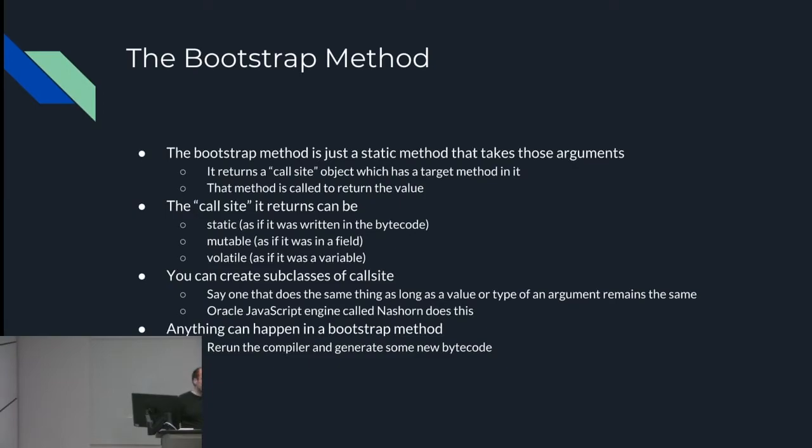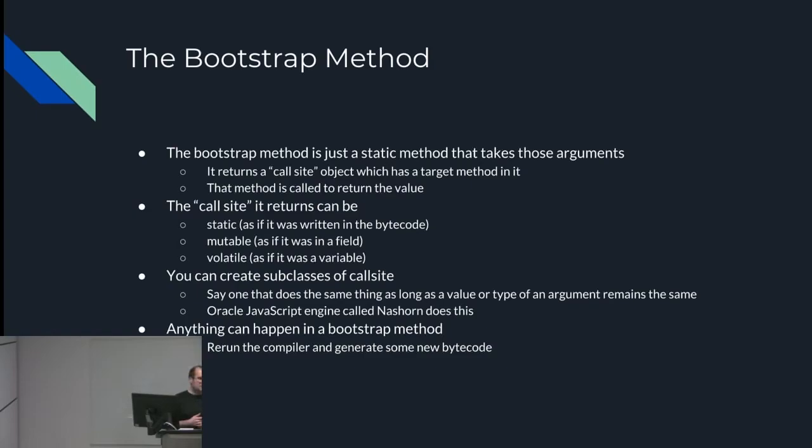A static call site is basically, here's the method, I have made up my mind, this is it, we're done here, have a nice day, don't ever talk to me again. There's a mutable one where it's like, here's this method, but I might change my mind later. And then there's a volatile one, which is even more so, I'm going to change my mind often. You can create subclasses of these call sites if you want.